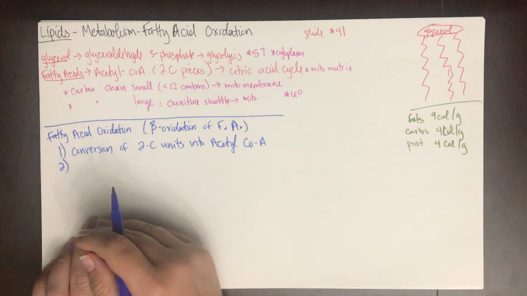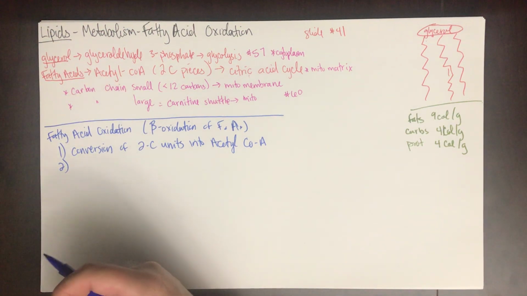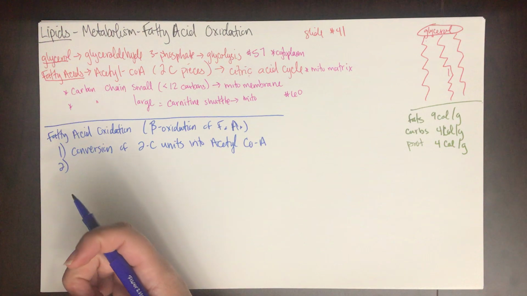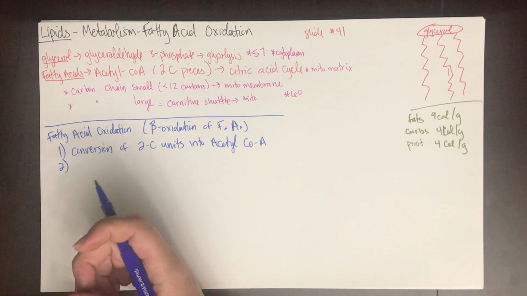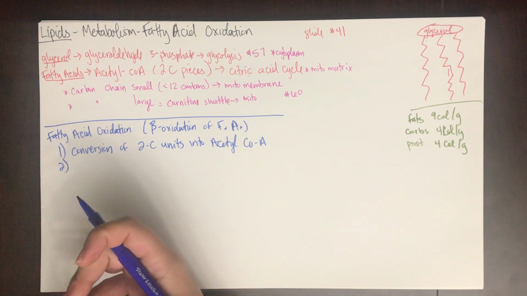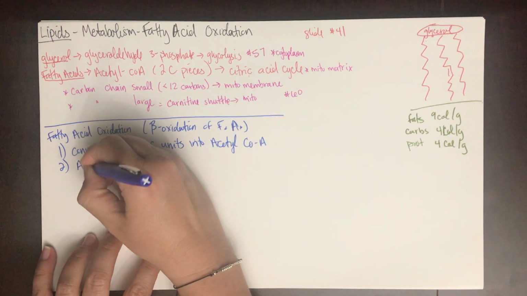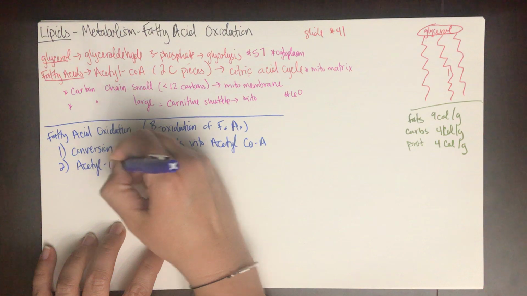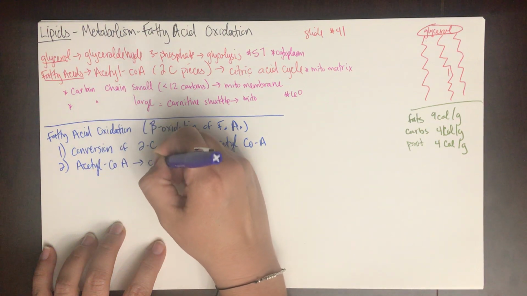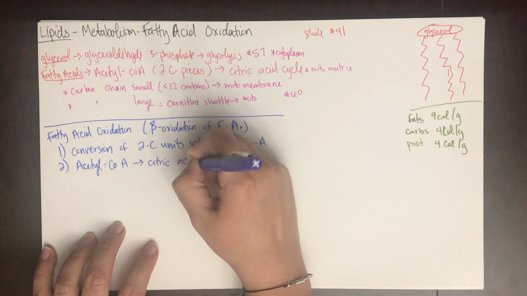The next step is going to be the oxidation of acetyl-CoA into carbon dioxide and the citric acid cycle. In the citric acid cycle, it's going to produce GTP, NADH, and FADH2. So acetyl-CoA into the citric acid cycle.